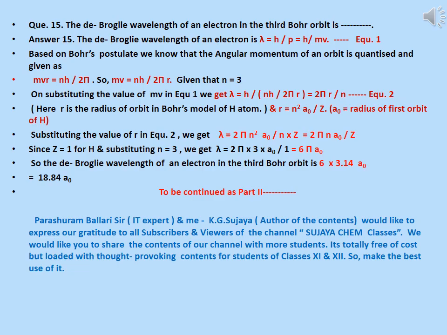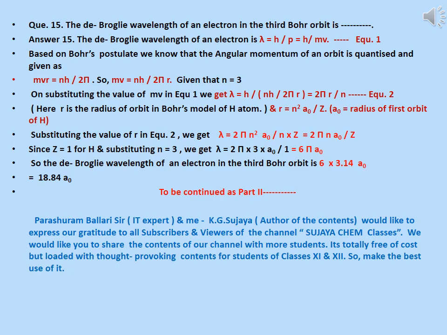So we get, therefore, lambda is equal to 2 pi n square a0 divided by n already is there into z. n and n square will get cancelled, so one n remains. So we get lambda is equal to 2 pi n a0 by z.